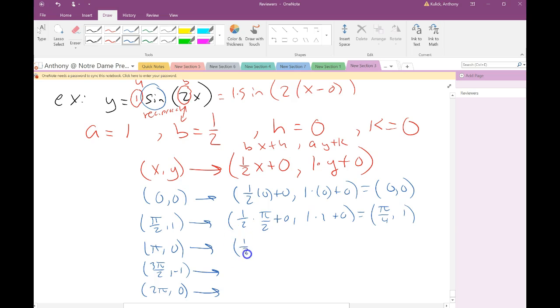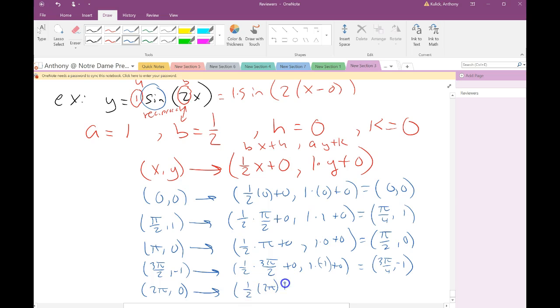And we'll continue doing this. Anybody seeing a pattern going on here with the x coordinates? No? I'll point it out here at the end.